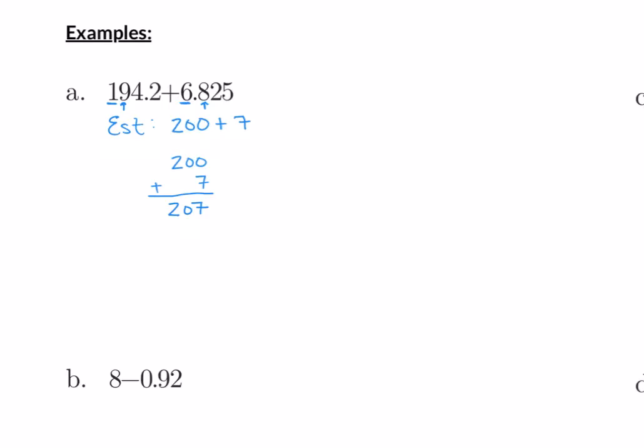Okay, let's go ahead and find the exact answer. Remember that we want to line up our columns. So my 6, I'm going to put it underneath the 4 so that my decimal points line up. And then we bring the 8 to 5.